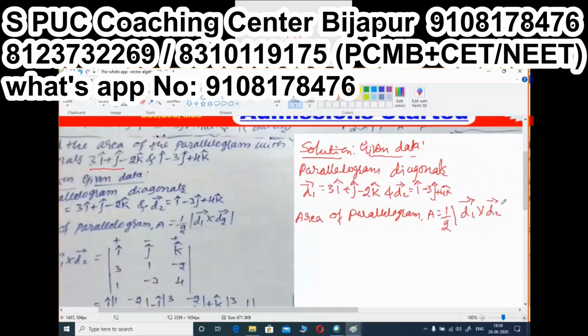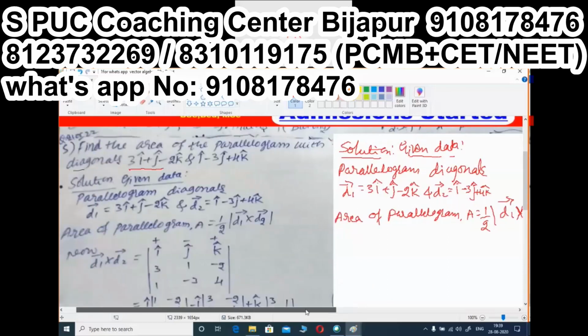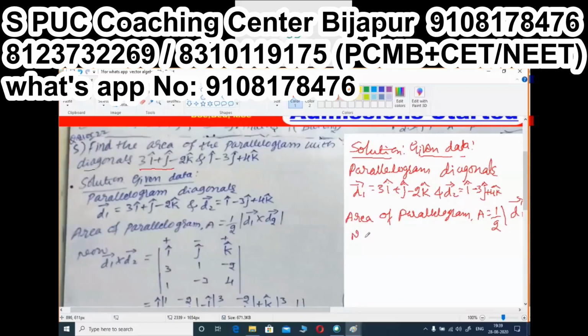Again a similar procedure, as we solved in the previous case, A vector cross B vector. In the same way you now solve D1 vector cross D2 vector. So the determinant is placed: first row i cap, next j cap, next k cap.